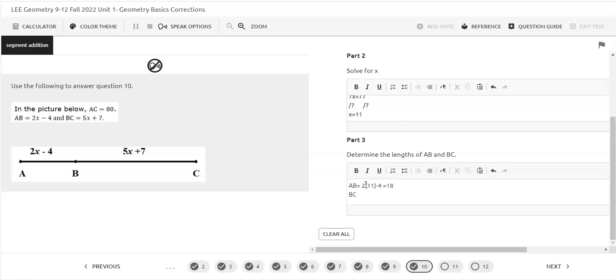And then for BC, we can either do 80 minus 18 and get 62. Or of course we can have 5 times 11 plus 7. 5 times 11 is 55 plus 7 is 62.